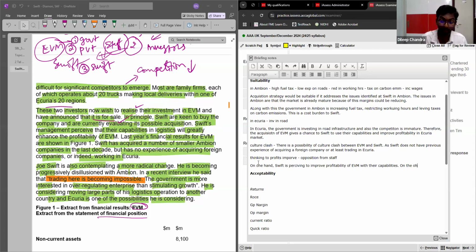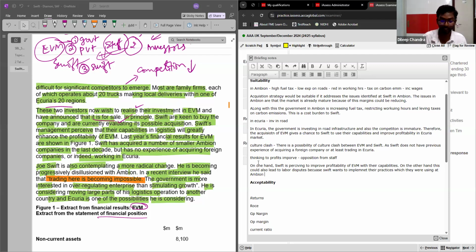But on the other hand, as Swift has, on the other hand, this could also lead to labor disputes because Swift wants to implement their policies or practices which they were using at Ambien.